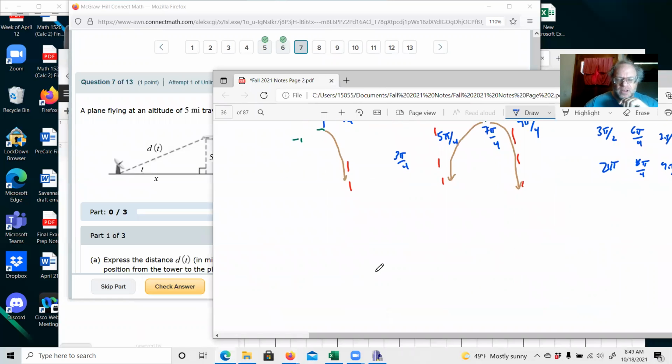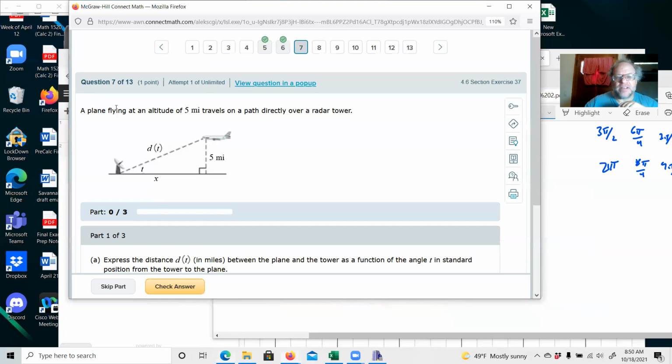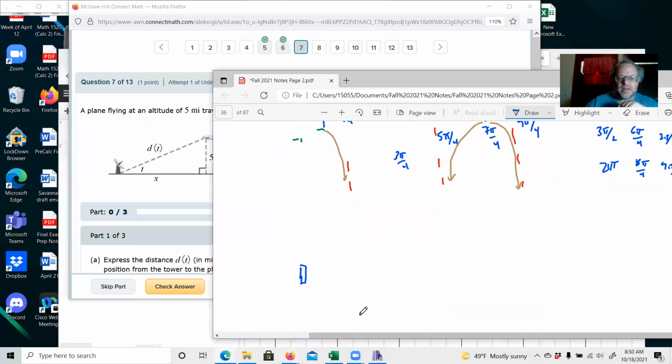All right, so here's my tower. Okay, and it says a plane flying at an altitude of 5 miles travels on a path directly over a radar tower. All right, so okay, here's our airplane.